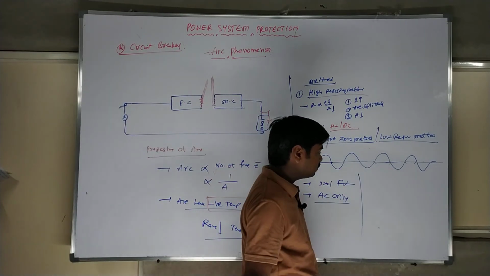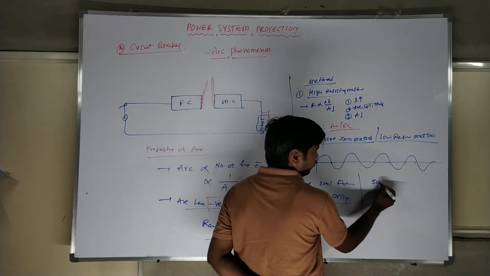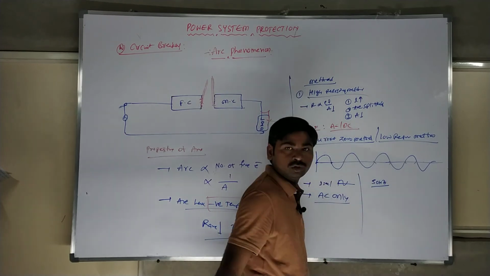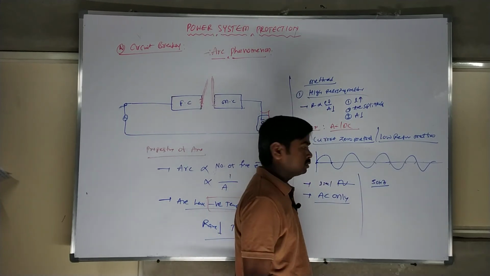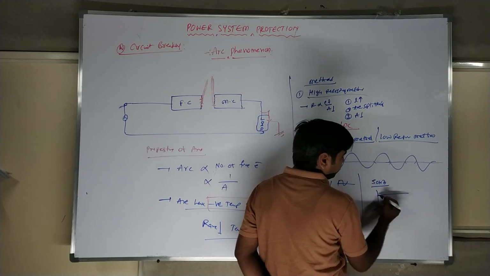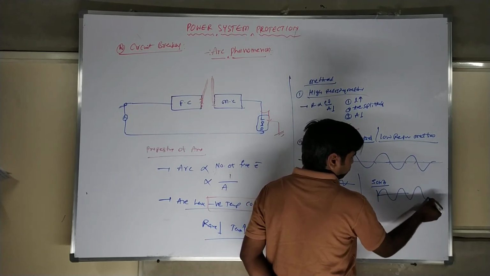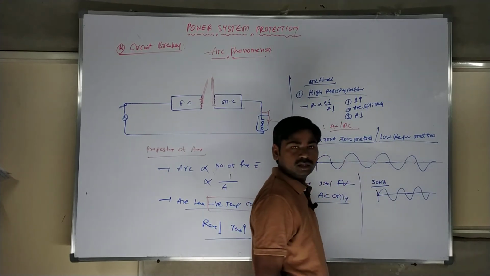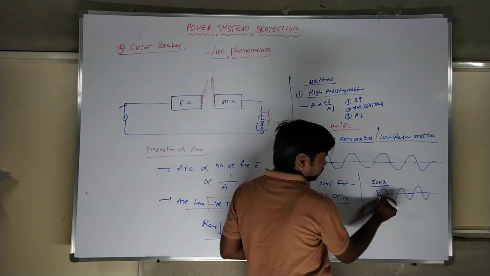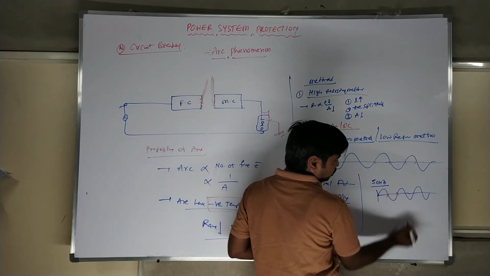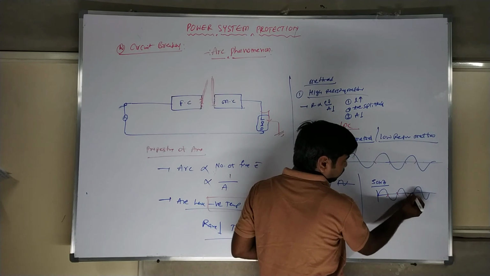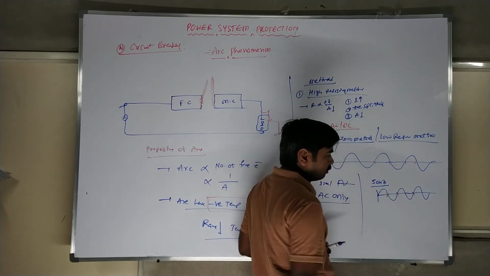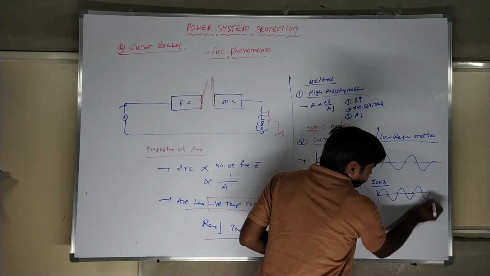Generally the question will be asked: for a 50 Hz power supply, how many current zeros will take place? A 50 Hz power supply means 50 cycles will take place. This is one cycle, with 1 and 2. Second cycle, 1 and 2 take place. So 2 plus 2 is 4 for 2 cycles. 3 cycles means 6.